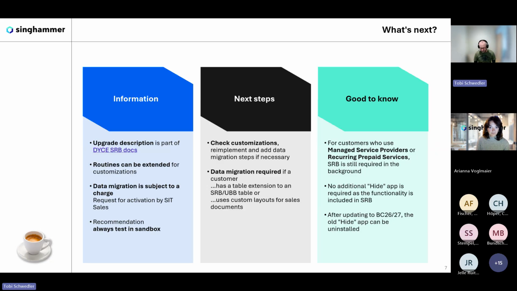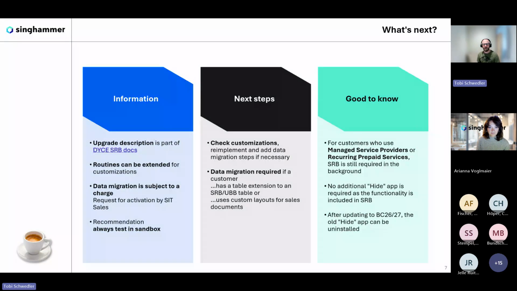These two apps still require a technical dependency on the DYCE subscription recurring billing app, which will then stay in the background. It's not visible anymore, but you cannot uninstall it because of this dependency of these two apps on it. So you need to leave the SRB app installed in these cases.